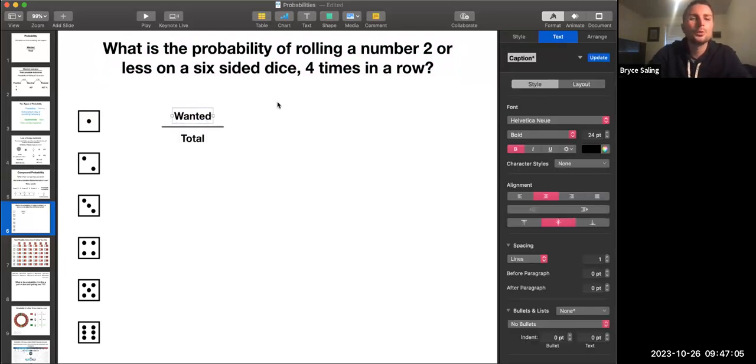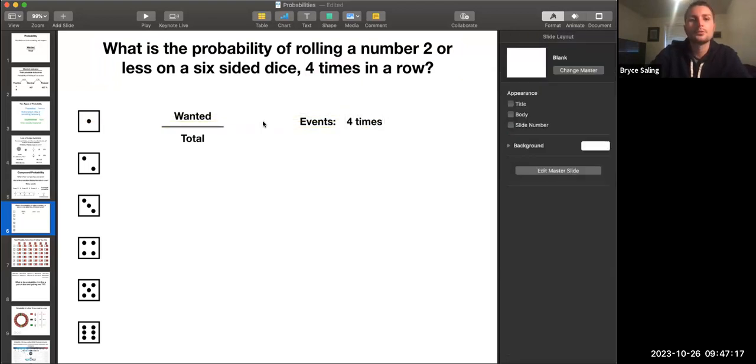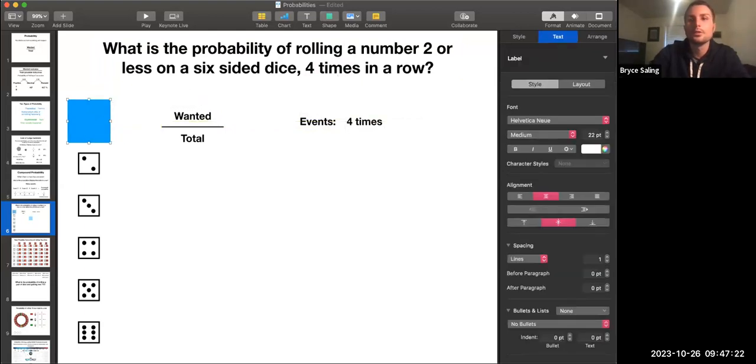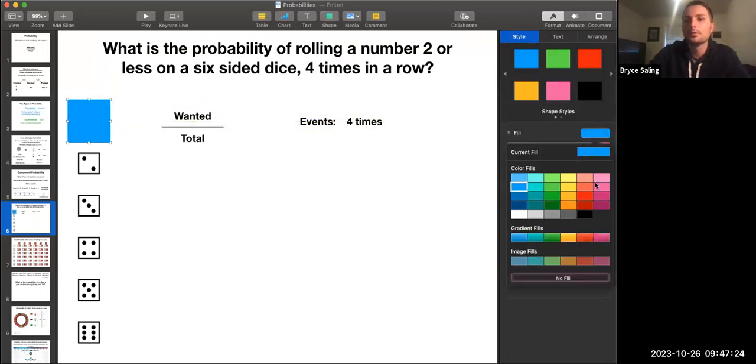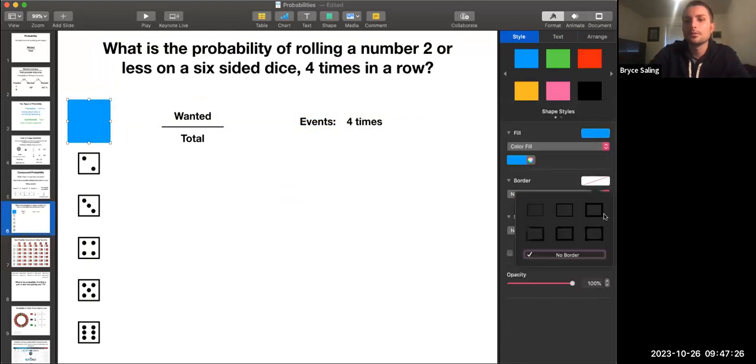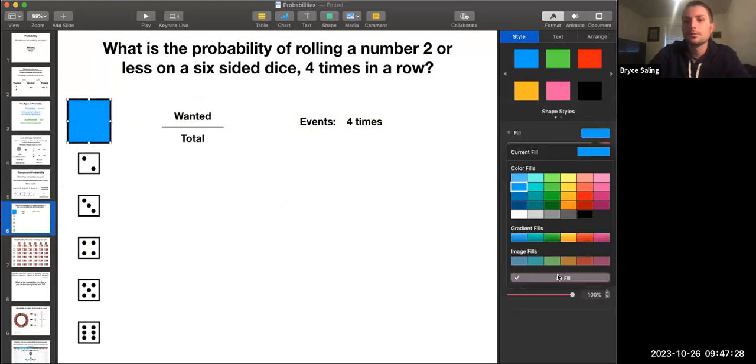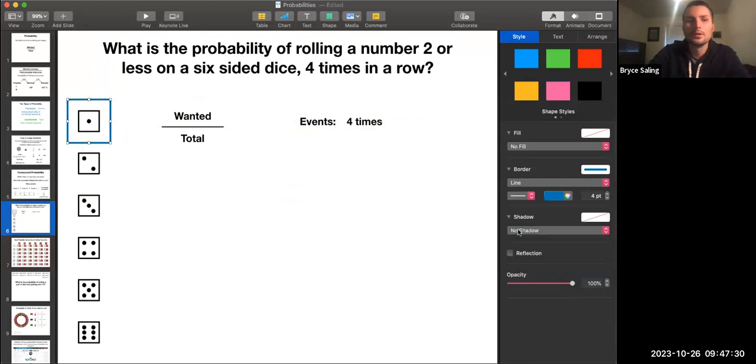And so you also want to know how many events. There's 4. So we're going to multiply this 4 times, and it's the same event. Because it's the same, it's going to be a 2 or less.